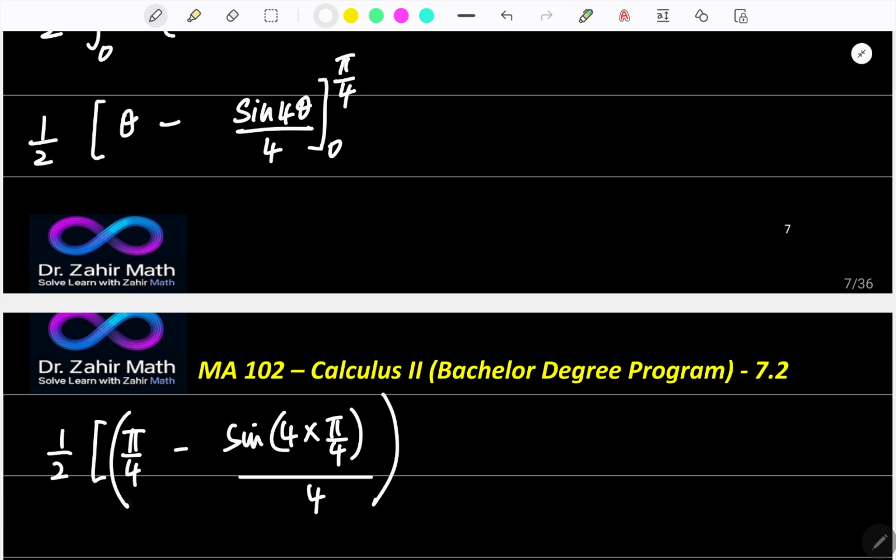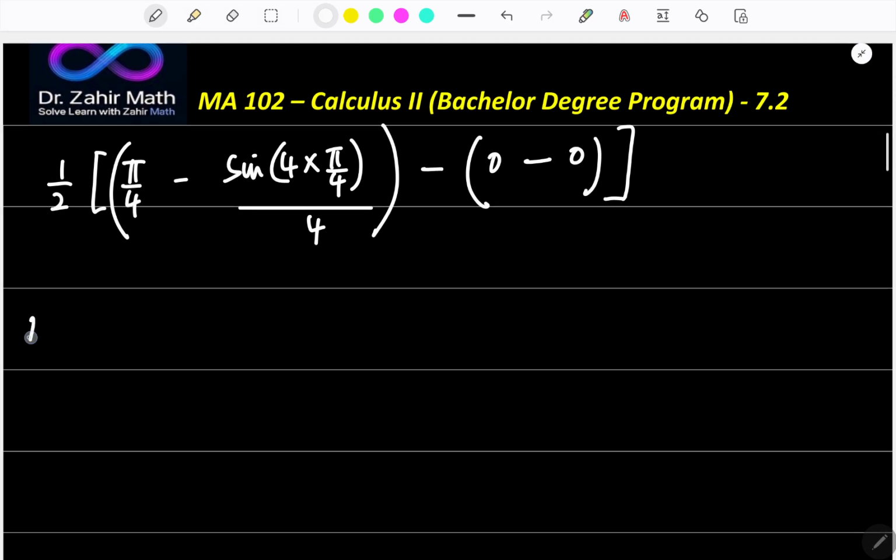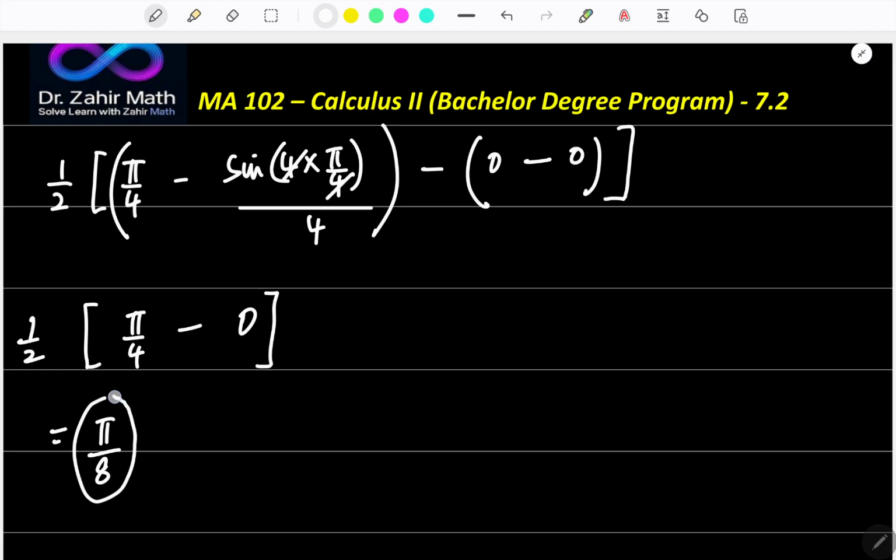Upper limit minus lower limit: 0 minus sine 0 is what? 0. So this equals 1 by 2 bracket open pi by 4. Just now I said sine multiples of pi is 0. You can also check using a calculator, no problem. So this is 0. So this equals pi by 8, that is your answer.